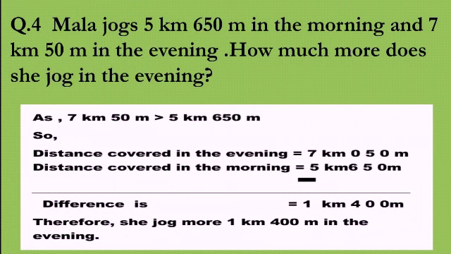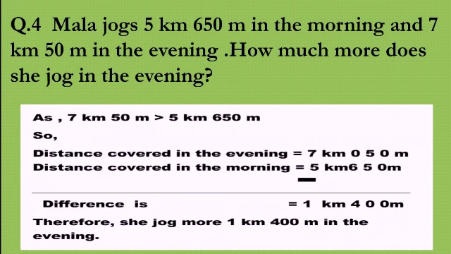You can check my videos to know the keywords of subtraction, which I have taught you. So here, first of all, when it's a subtraction, you need to write the bigger number first. So what is the bigger one?